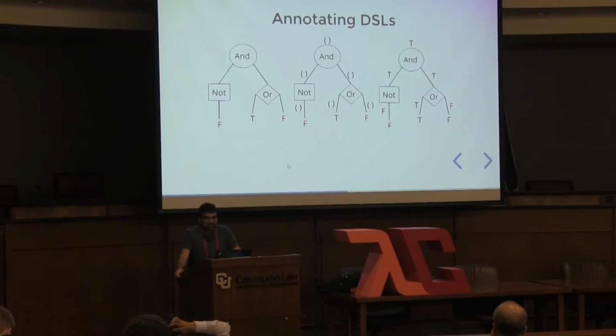So what this can be useful for in practice is annotating domain-specific languages. Suppose we have an abstract syntax tree that represents some logic formulas, and we just have base values that are Booleans. You could represent it as and, not, or, and this is the tree where we're taking the and of not of false, and or true or false.